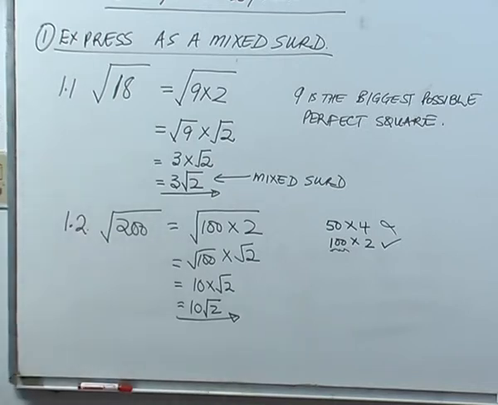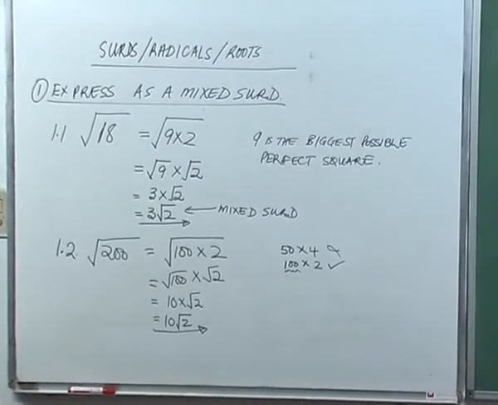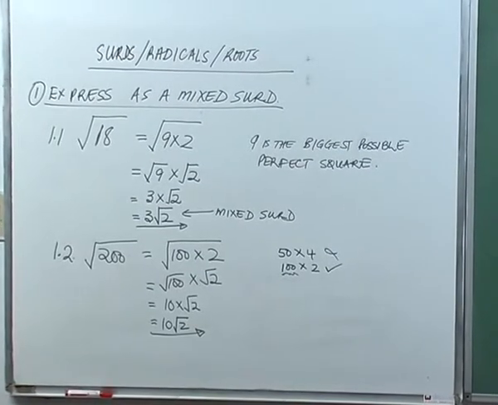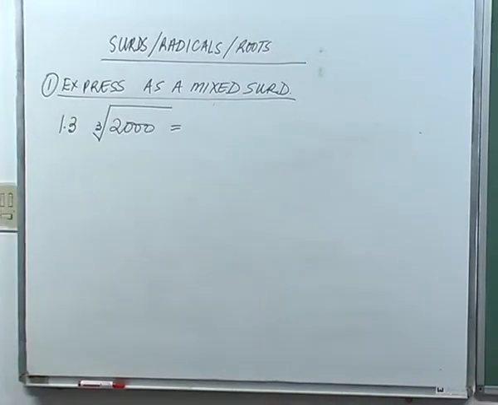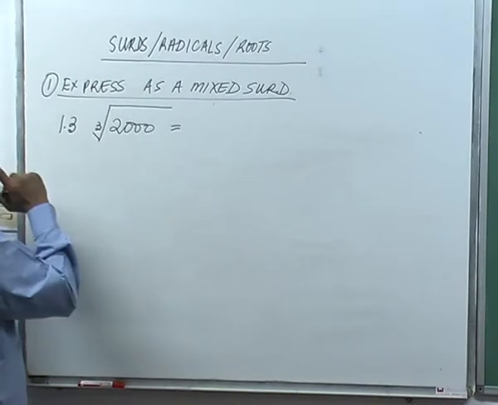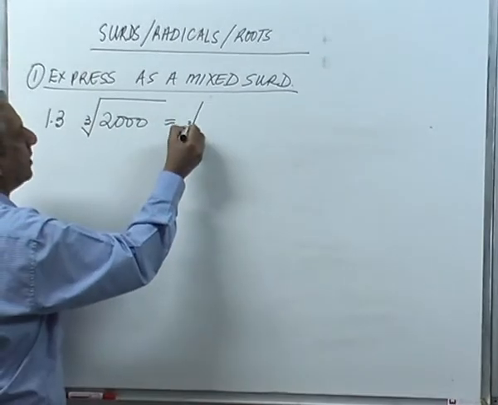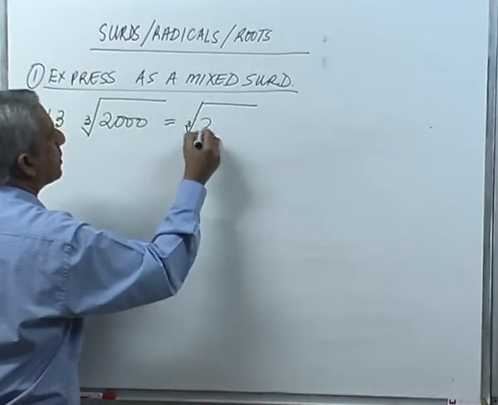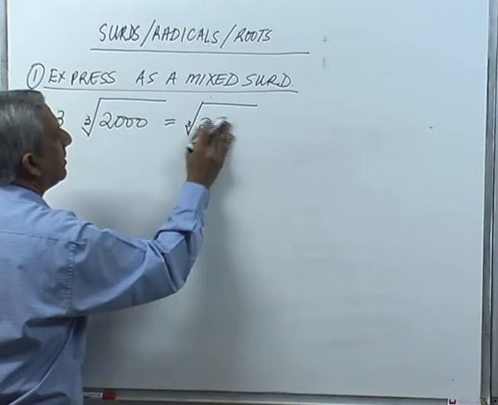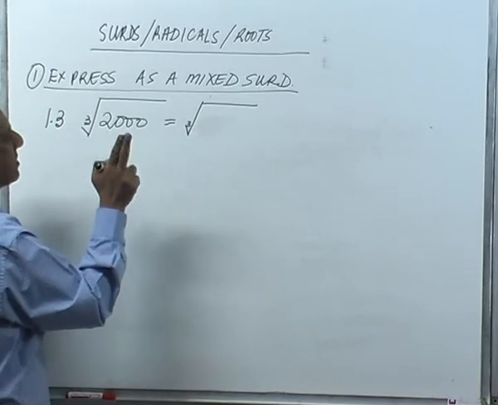Now the same rule works for cube roots or any other root. So I'm going to do one example now involving a cube root. Alright, so now we're looking at cube root of 2000 and we are to express this as a mixed surd. Once again, you take cube root of 2000 and you break it up into two factors.